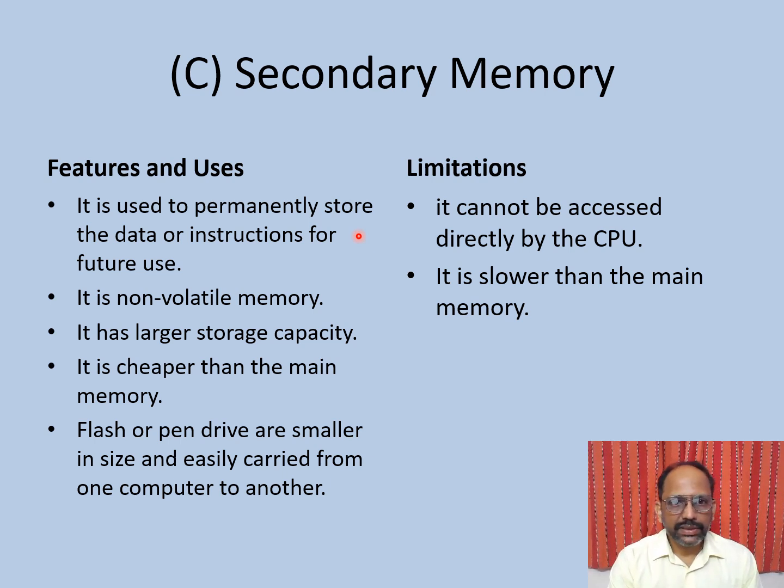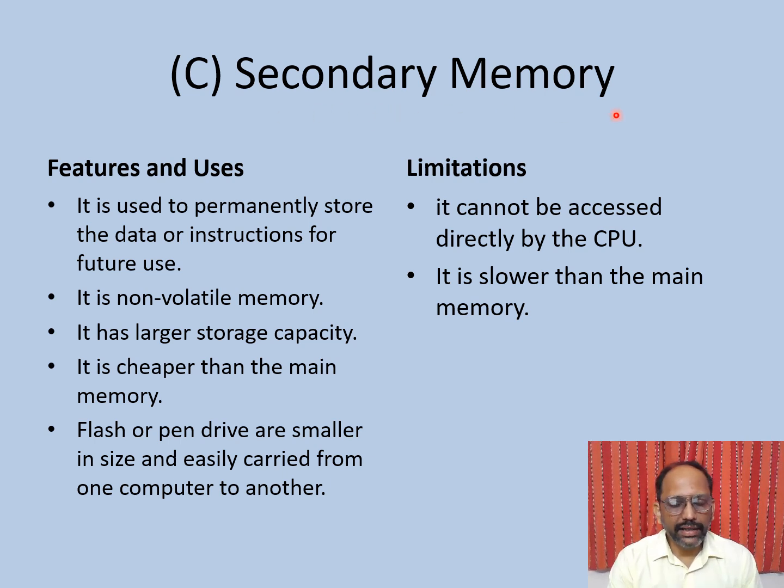There are different kinds of secondary memories, and we can have multiple copies. Examples of secondary memory are hard disk, SSD, pen drive, CD-ROM, DVDs, etc.